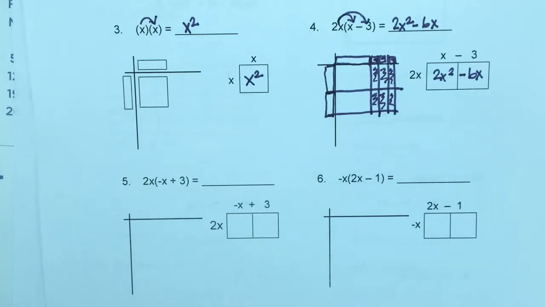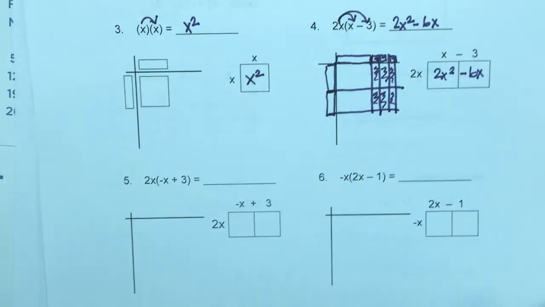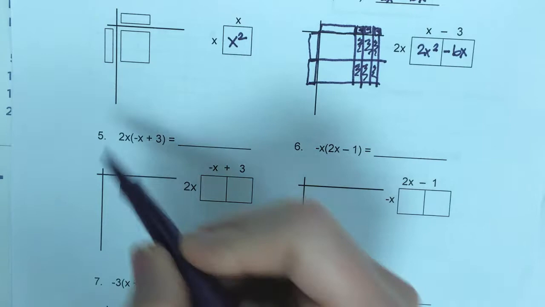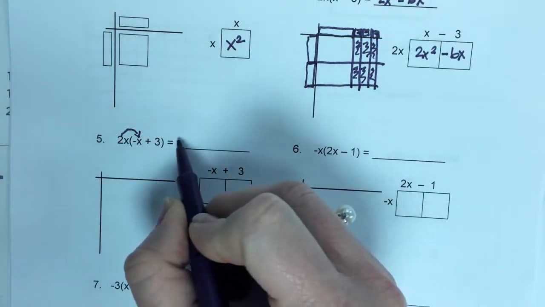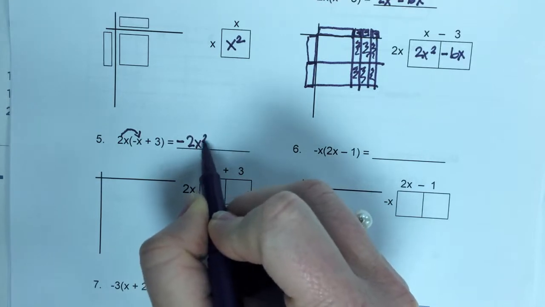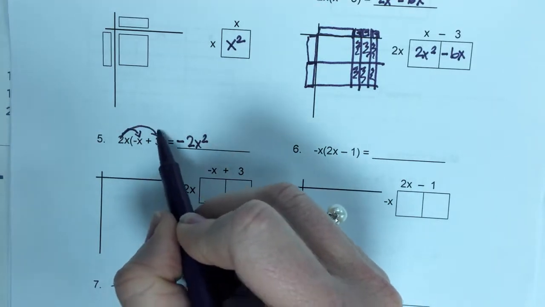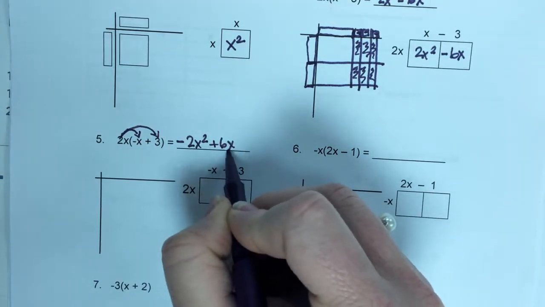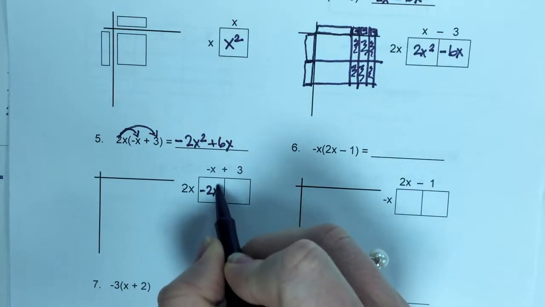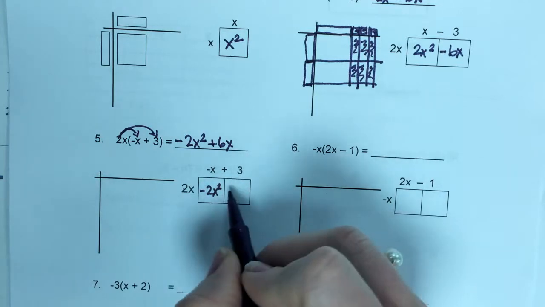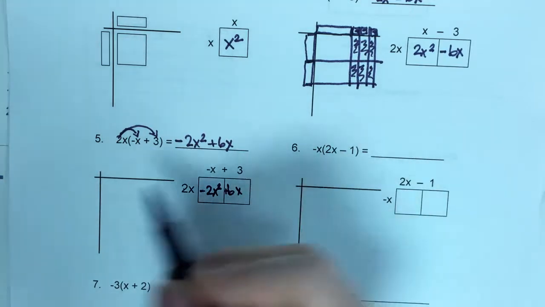Okay, number 5. So now we're going to multiply 2x times negative x, so that's going to give me a negative 2x squared, and then 2x times 3 gives me 6x. Same thing with the box here: 2x times negative x gives me negative 2x squared, and 2x times 3 gives me 6x.